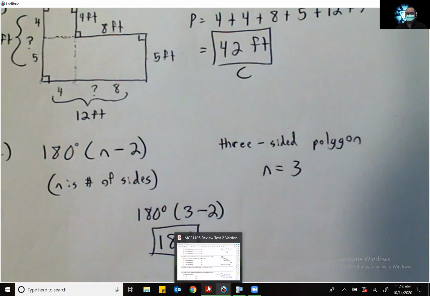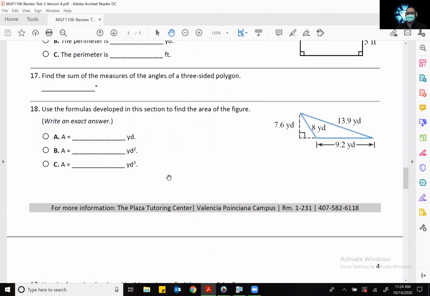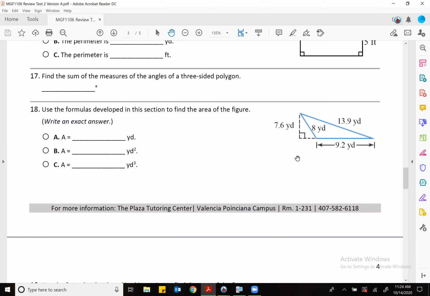Again, this is in 10.3. And now on number 18, we're going to jump into 10.4. Now we're starting to find area. What kind of figure or polygon do I have over here? An obtuse triangle. Good. But more importantly, it's a triangle.